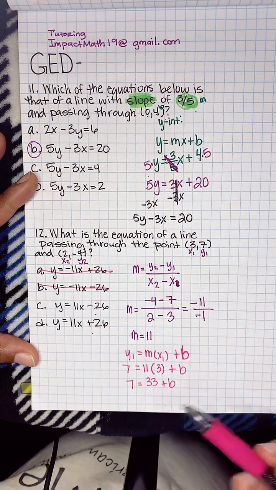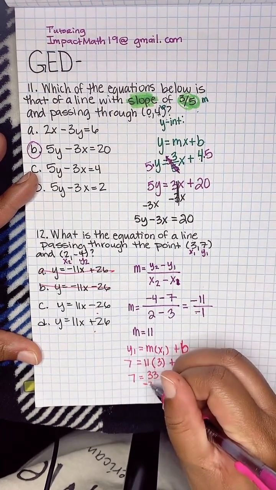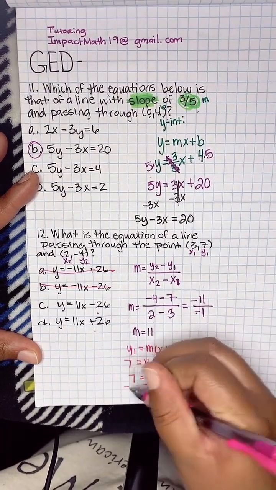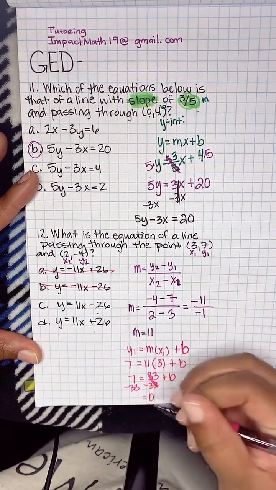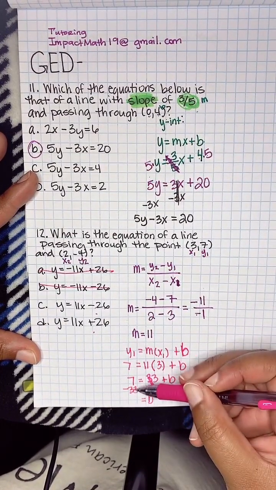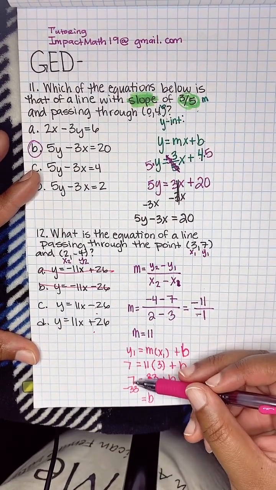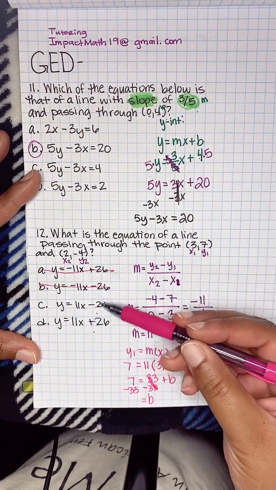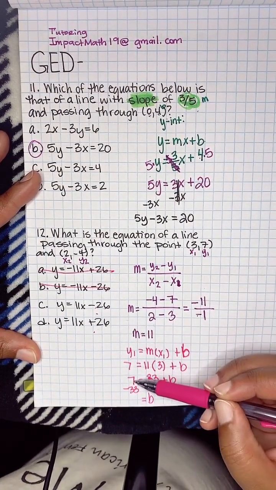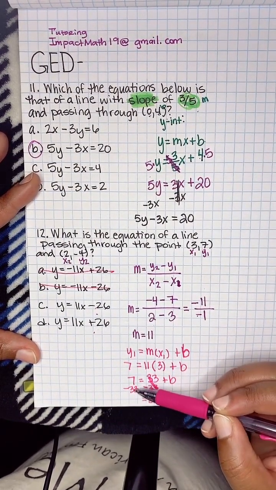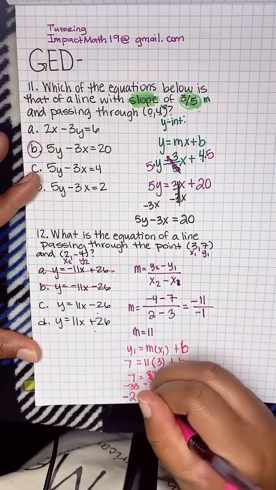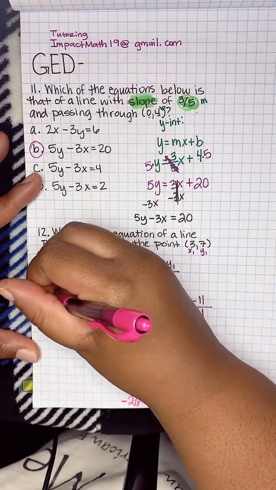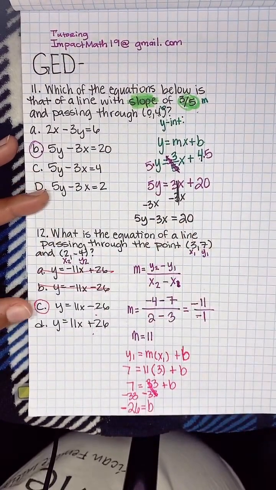What's the opposite of positive? Subtract. Subtract 33. And so it says B equals 7 minus 33. Well, let's not even think about it, right? We already have $7 in our bank account. We spent 33. Yes, we're in the negative. Negative 26. C is our answer.